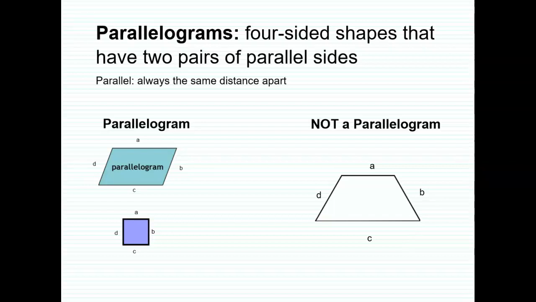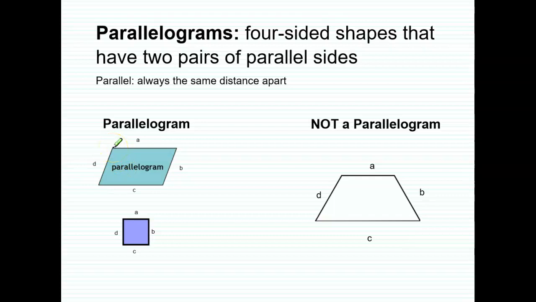Well, let's look closely at these parallelograms and think about why they're classified as parallelograms. This is the first parallelogram we'll look at. To be a parallelogram, there has to be two pairs of parallel sides. So I see right away that A and C are parallel.